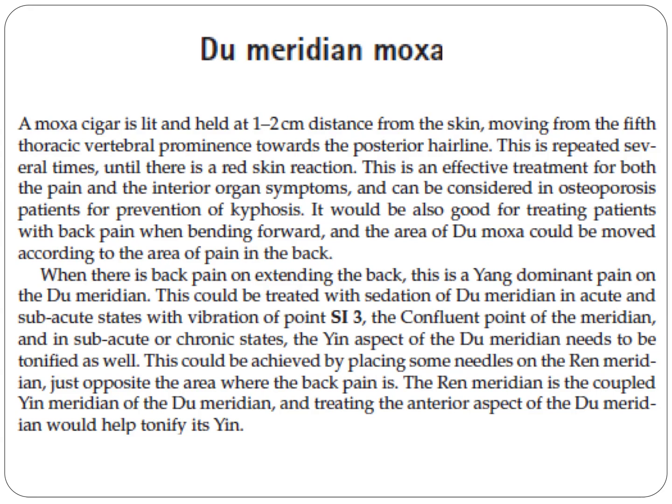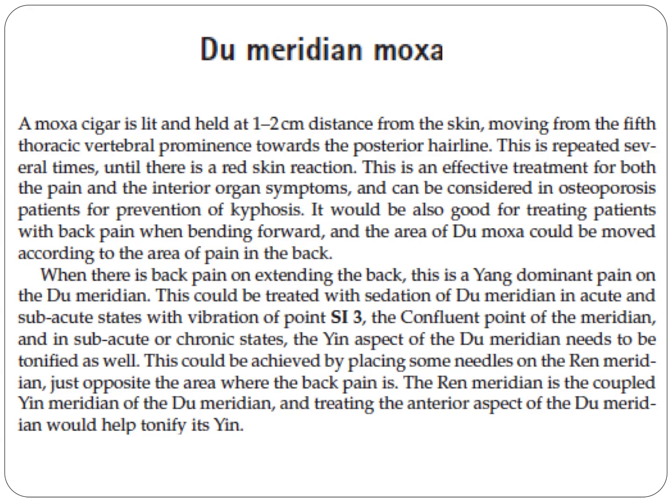When there is back pain on extending the back, this is a yang dominant pain on the Du meridian. This could be treated with sedation of the Du meridian in acute and subacute states with vibration of point SI3, the confluent point of the meridian, and in subacute and chronic states the yin aspect of the Du meridian needs to be tonified as well.